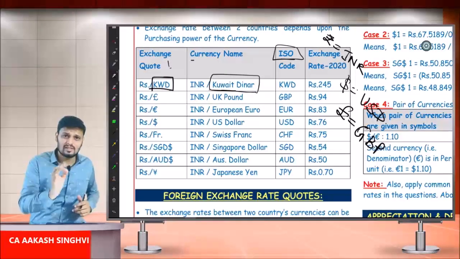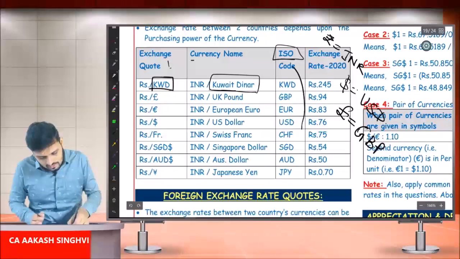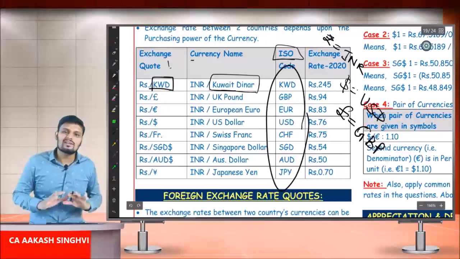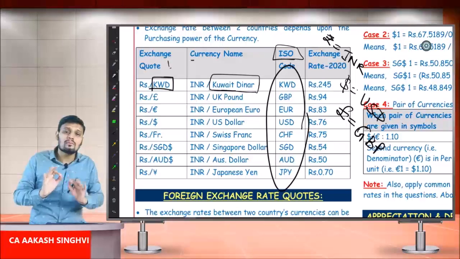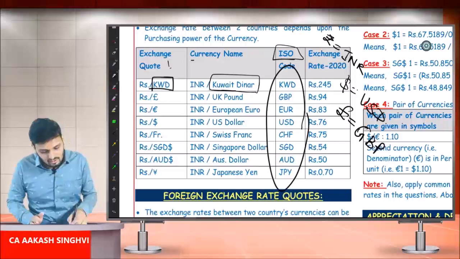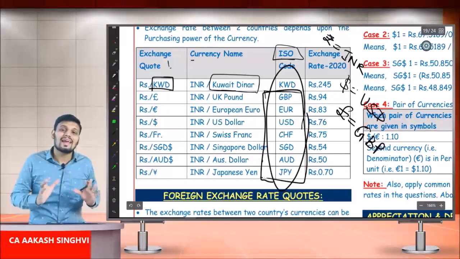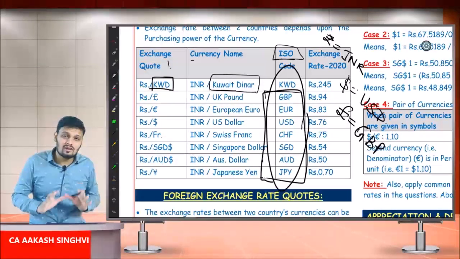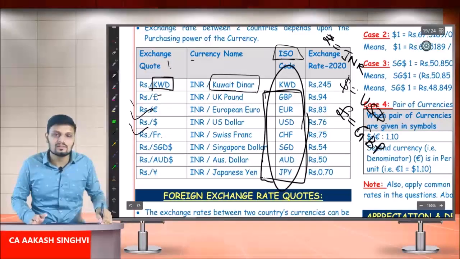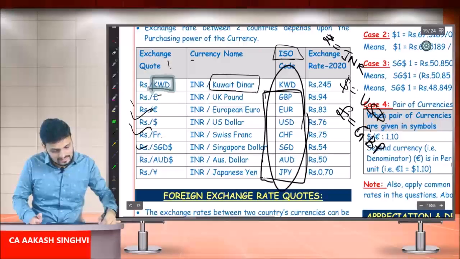In our examination, in the question papers also, sometimes they use these ISO codes. But it is not mandatory for you to remember the ISO codes of each and every country. It is more than sufficient if you know a few of the ISO codes which I have quoted here, because 95% of the questions will be only on these currencies. So I have exhaustively covered whatever had to be covered for the exchange rate.